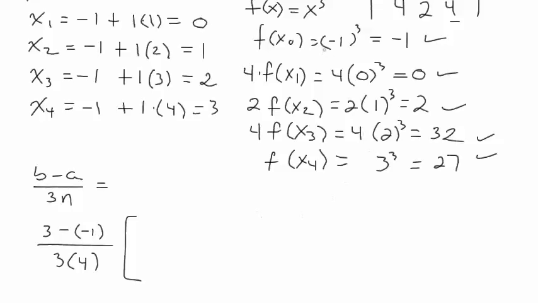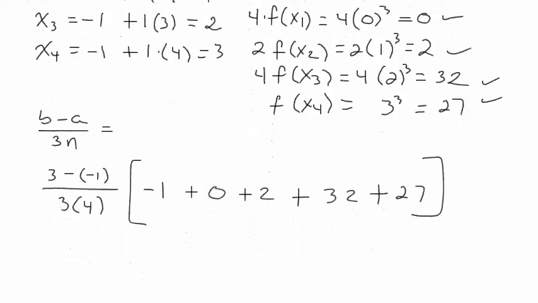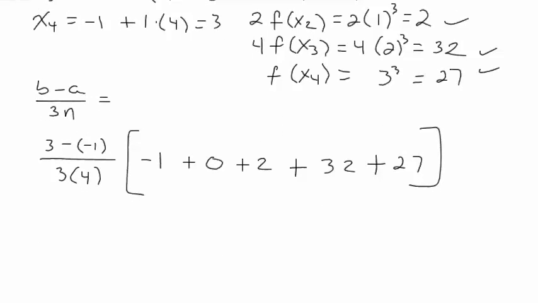Okay, now let's go through. So all we're doing here now is summing up all of these. So we end up with the first one is negative 1 plus 0 plus 2 plus 32 and then plus 27. All right, we're going to hold our breath. Hopefully not too long.